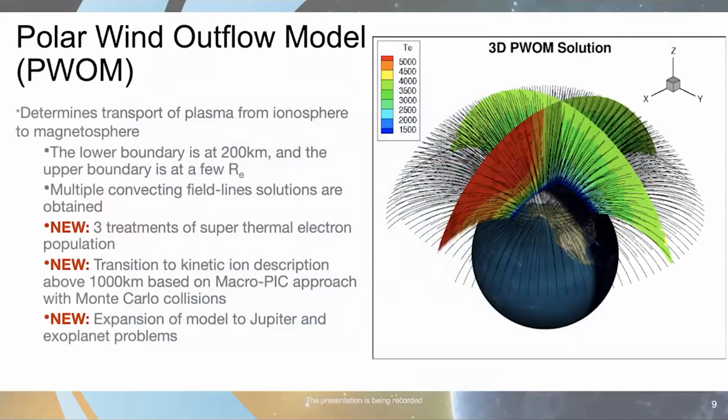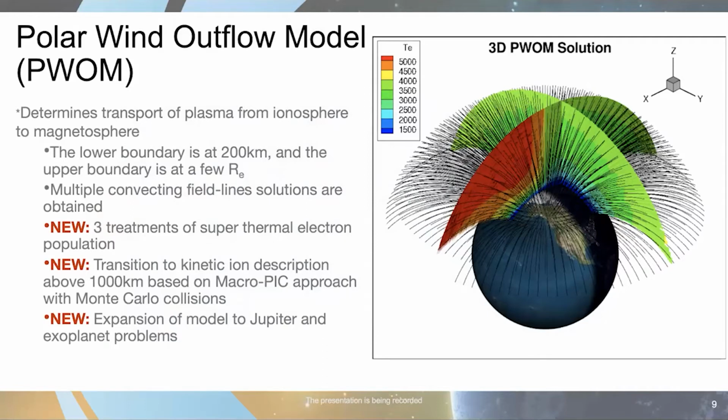Now, of particular relevance to this presentation is the ionospheric outflow. Here I'm going to use the polar wind outflow model, which I've been developing for a number of years. The polar wind outflow model, or PWAM for short, solves the transport of plasma from the topside ionosphere into the magnetosphere, starting just below the F2 peak, around 200 kilometers, and goes up to a few RE in altitude.